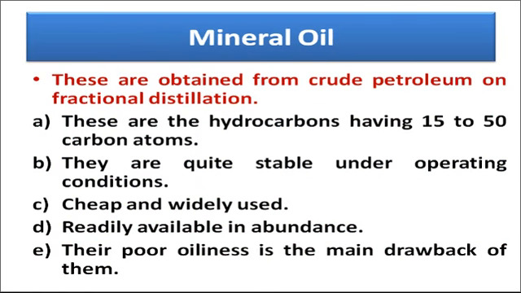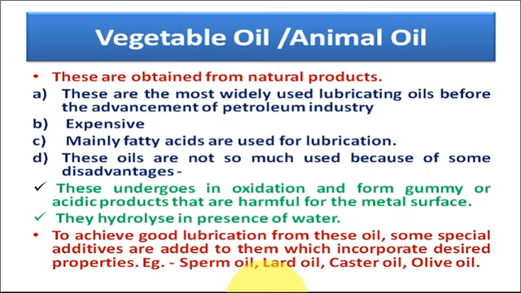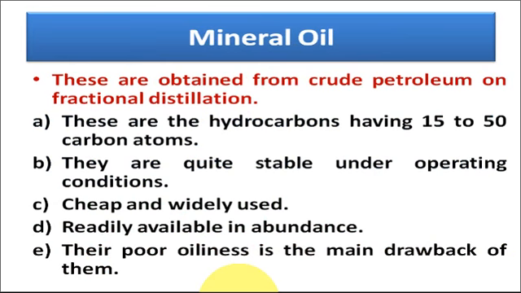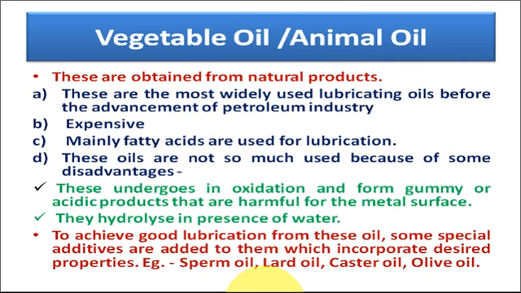First is the mineral oil, second one is the vegetable or animal oil. Mineral oils are cheap and widely used, and these are the hydrocarbons containing C15 to C50 carbon atoms obtained from the crude oil. But the main drawback is the poor oiliness. These are quite stable, but their main drawback is the poor oiliness.